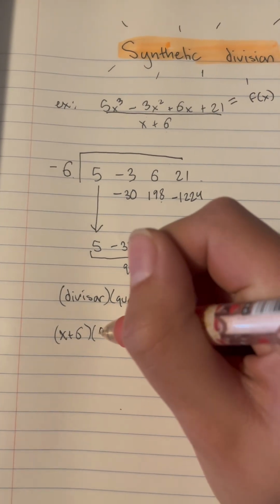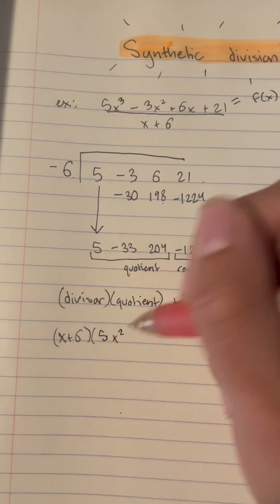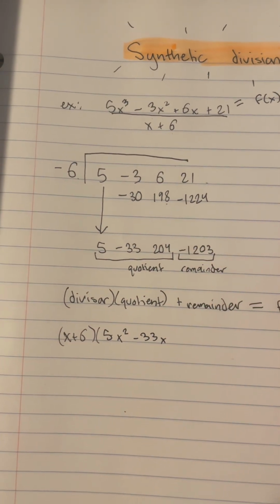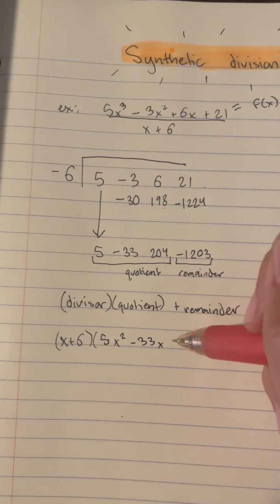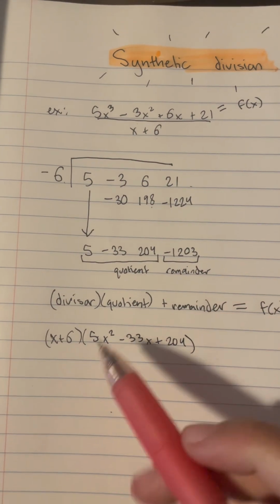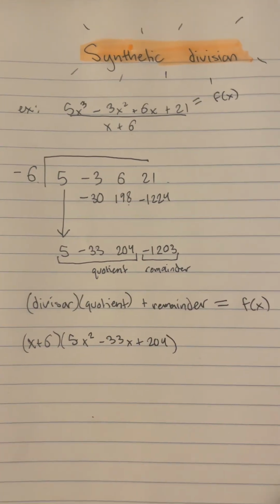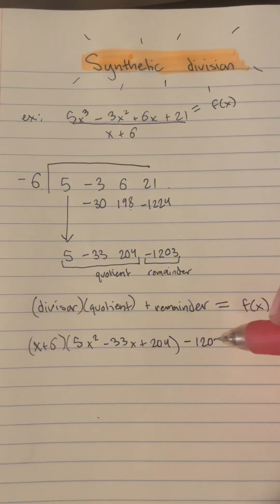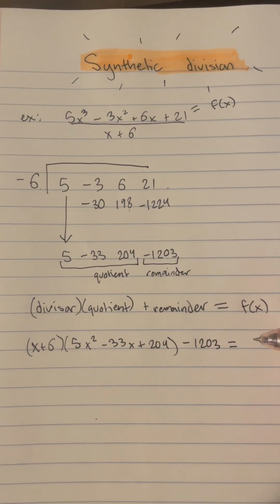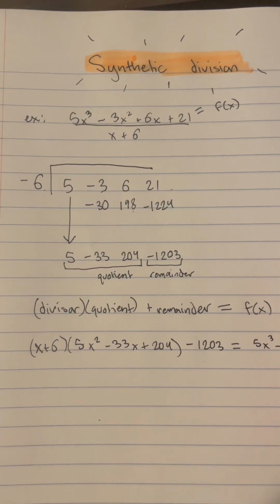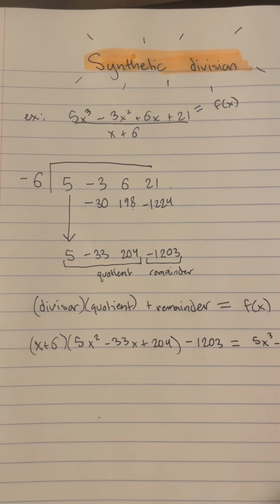So 5x squared minus 33x plus 204. We've just done this part, and then plus our remainder, so minus 1203 is equal to 5x cubed minus 3x squared plus 6x plus 21.